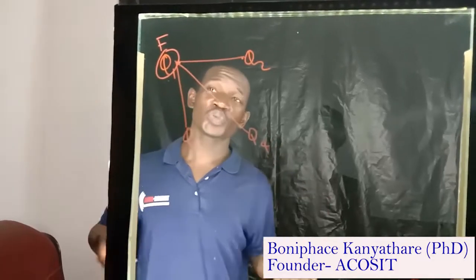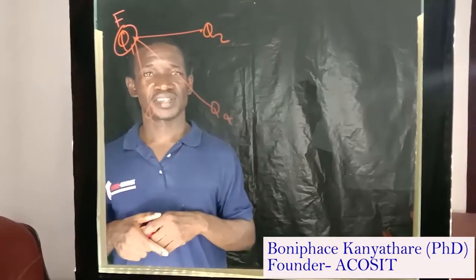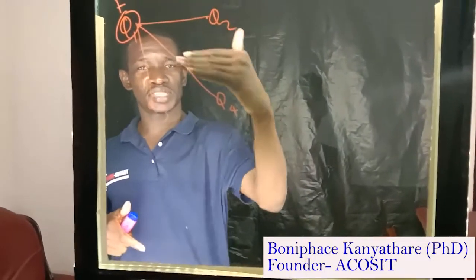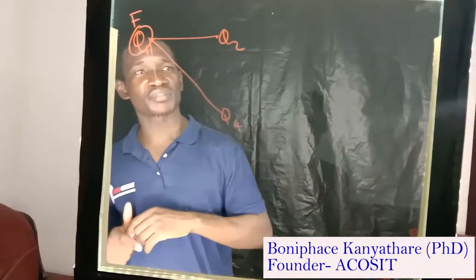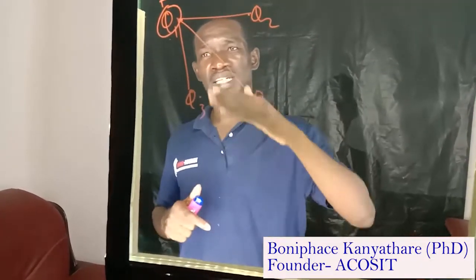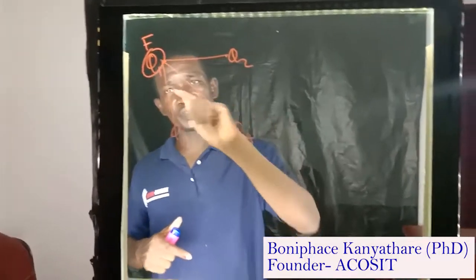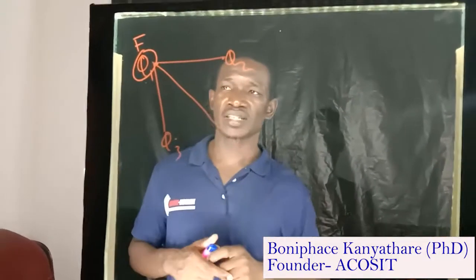What we have to do is to just calculate the force for these individual charges. So we'll calculate force at Q1 due to Q2. We'll calculate the force at Q1 due to Q4. We'll calculate force at Q1 due to Q3.